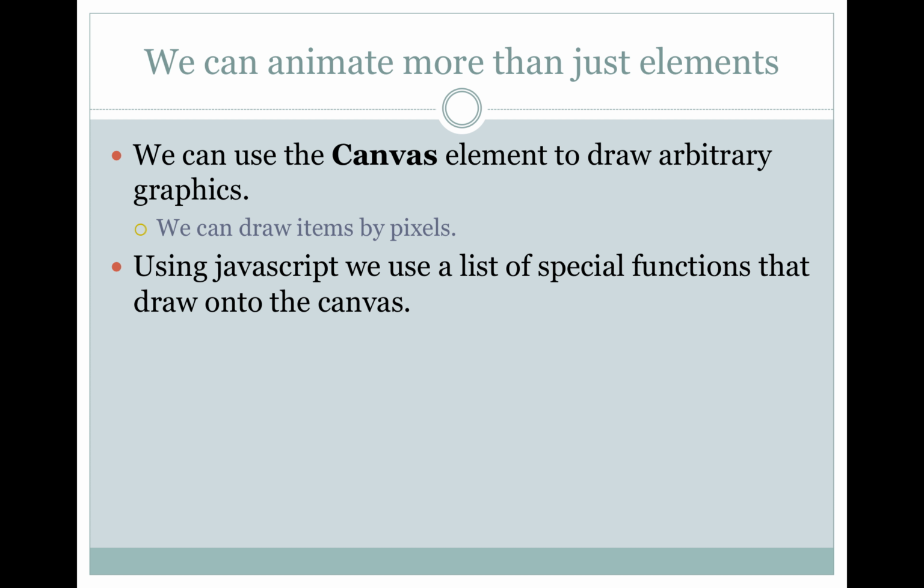But I would encourage you to take some time to be familiar with this begin path process and understand how this example works when you're studying. This process of drawing items in the canvas is unique to HTML5 and JavaScript, and it allows us to create some really cool animations.